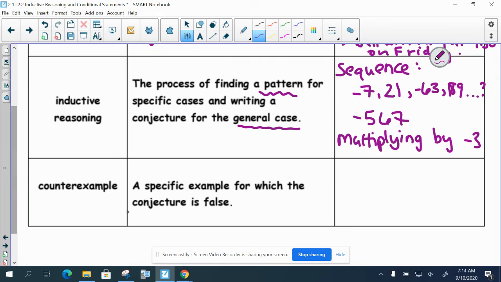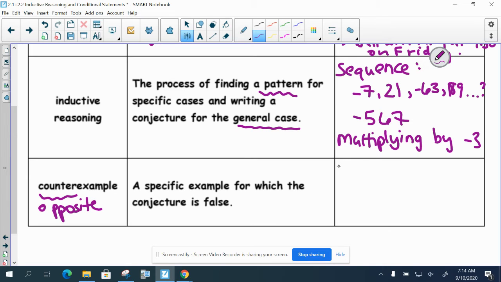A counterexample is a specific example for which the conjecture is false. So counter means opposite. So basically, it's an example that proves that something is false.